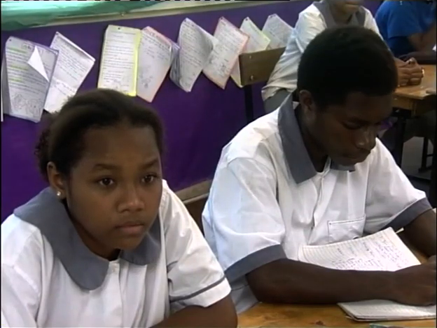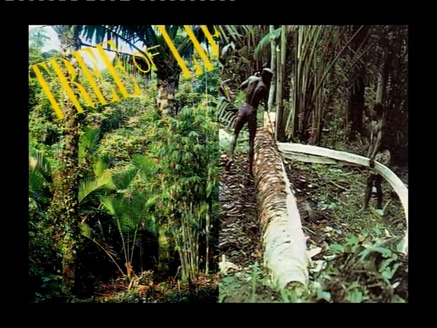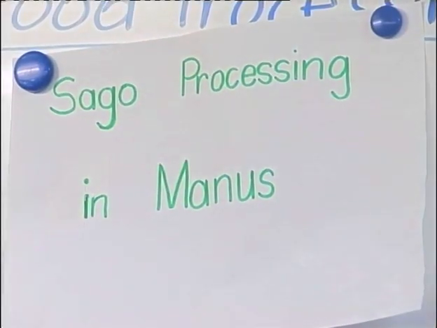Okay, I'd like to start from the process. The first step is cutting down a mature sago palm tree using an axe to split the outer bark on both sides of the palm, getting ready to be beaten. This is done by the men.